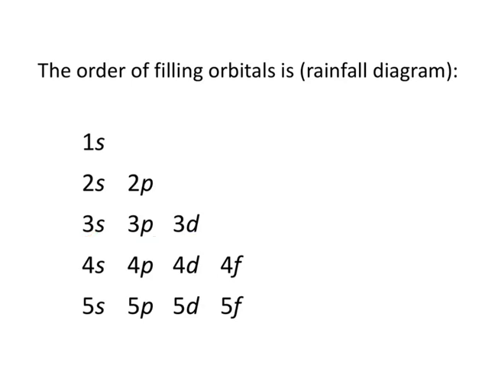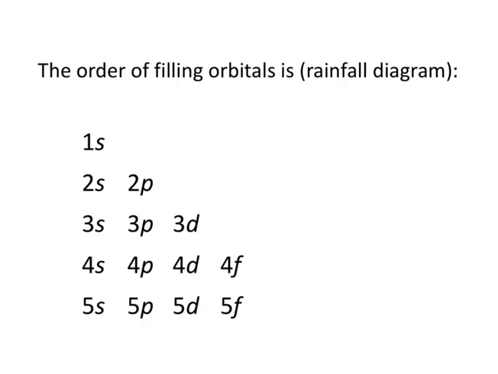Now we can guess how many orbitals are in the fourth energy level. Yes, it has 4 orbitals: 4s, 4p, 4d, and 4f. And last, for the fifth energy level, we have 5s, 5p, 5d, and 5f.